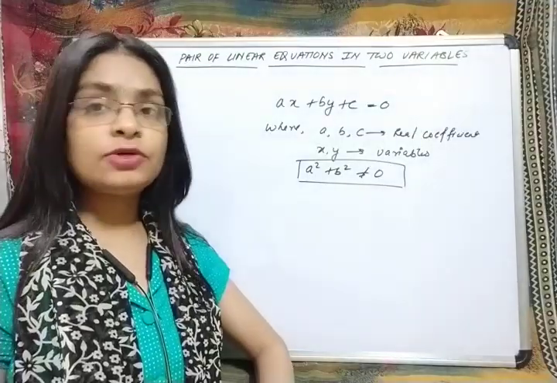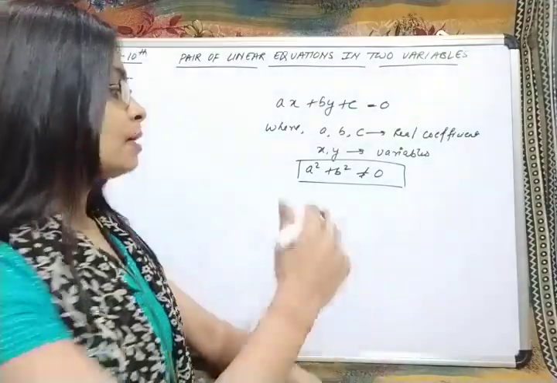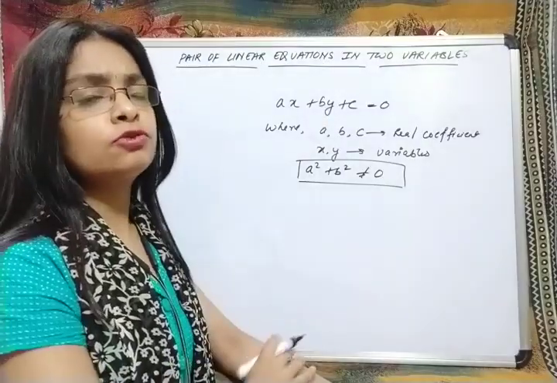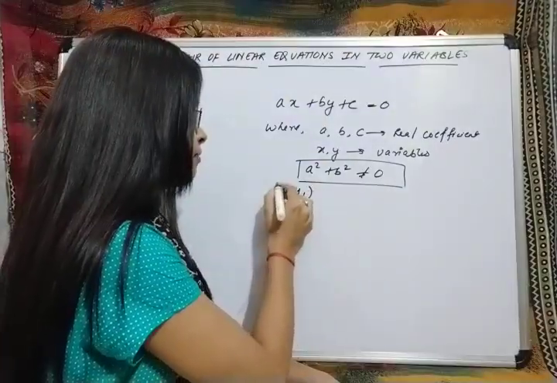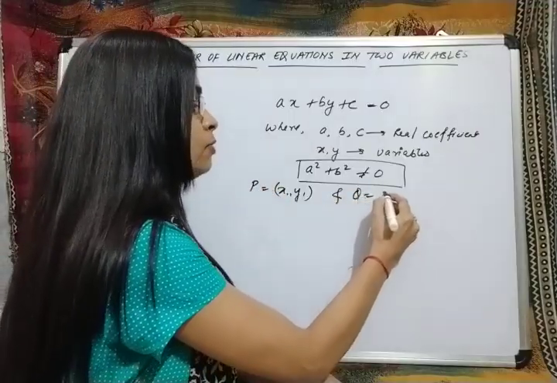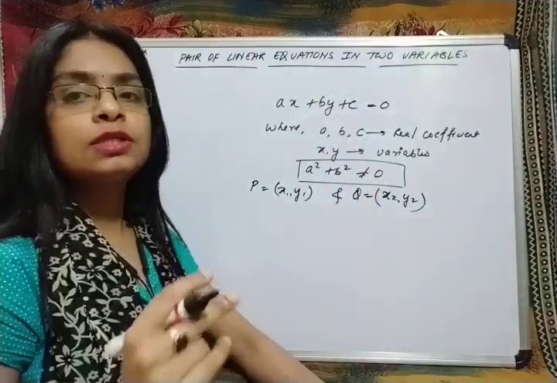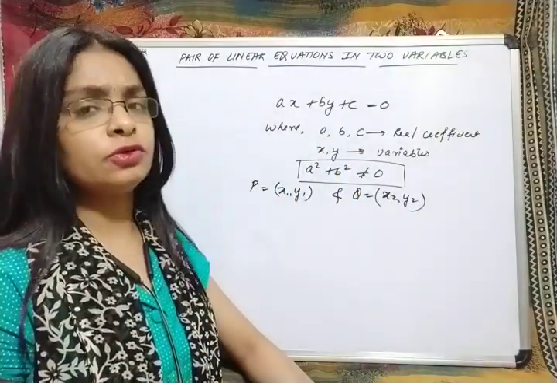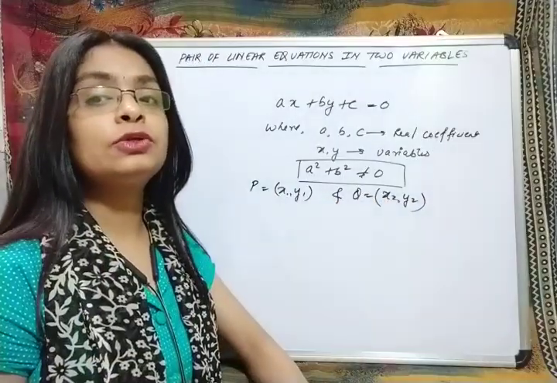Now, suppose I have two of its solutions, suppose P is equal to (x1, y1) and Q is equal to (x2, y2), be its two solutions. It has infinite solutions, I have taken only two of them.